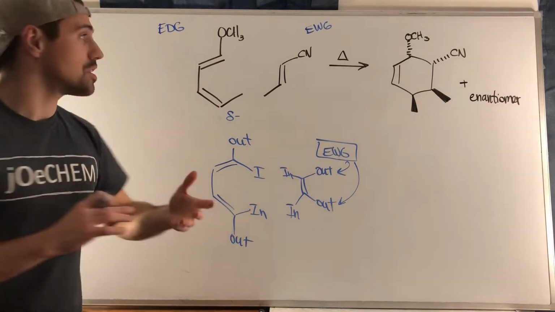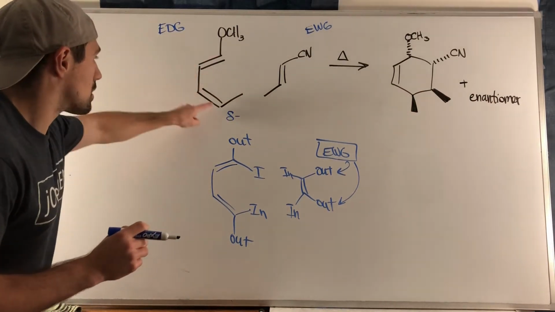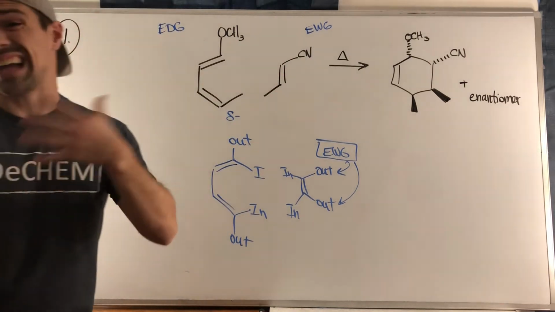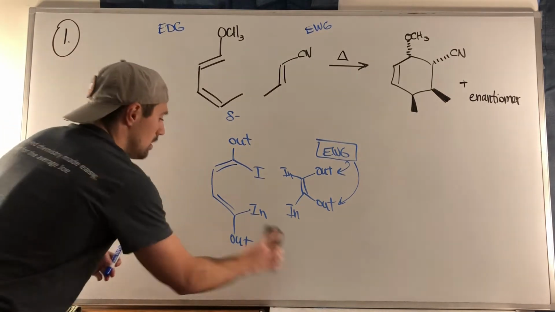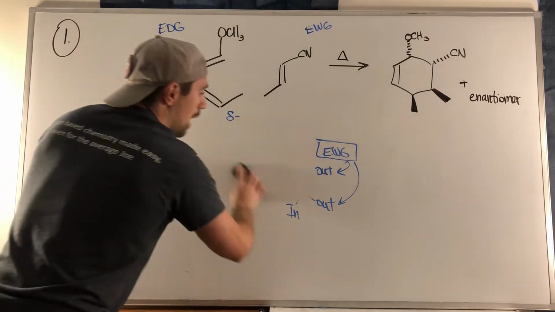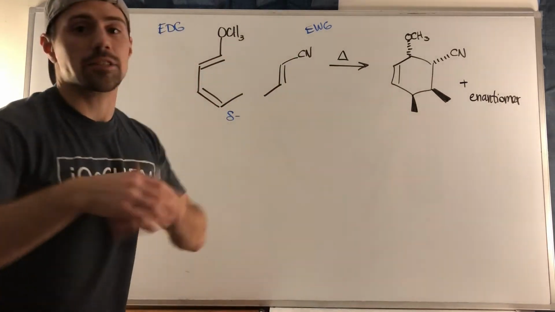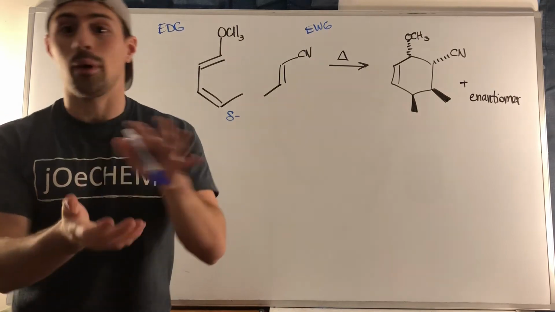Those have p orbitals. In the transition state, we will draw the p orbitals in our diene will interact with the p orbitals of our electron withdrawing groups in the dienophile. It will stabilize the transition state. That is the endo effect, right? Okay, and obviously the in and out rule is a trick we use on paper. The transition state explains why these things align the way they do in space.